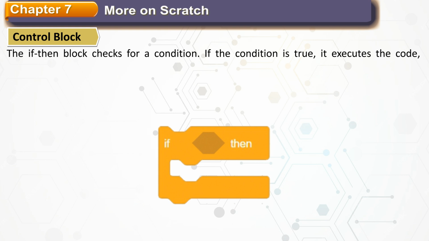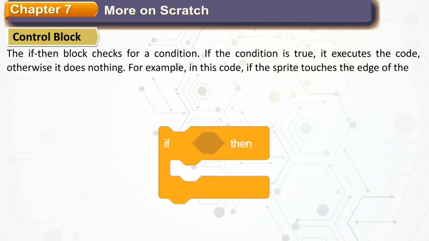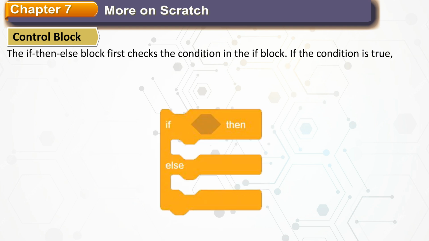The if-then block checks for a condition. If the condition is true, it executes the code. Otherwise, it does nothing. For example, in this code, if the sprite touches the edge of the stage, it will go to any random position. The if-then-else block first checks the condition in the if block.